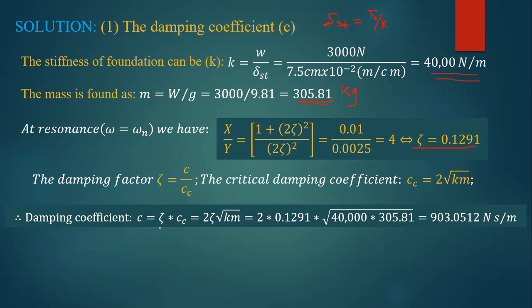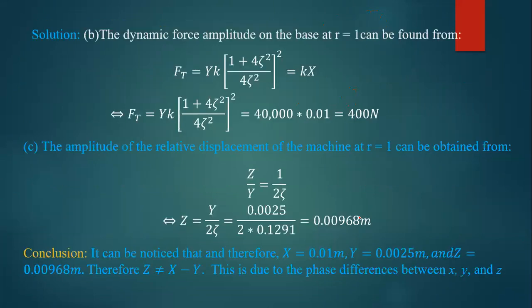So C is equal to zeta times Cc, which is 2 times zeta times root K m. That gives us the damping coefficient, 903.0512 Newton second per meter.